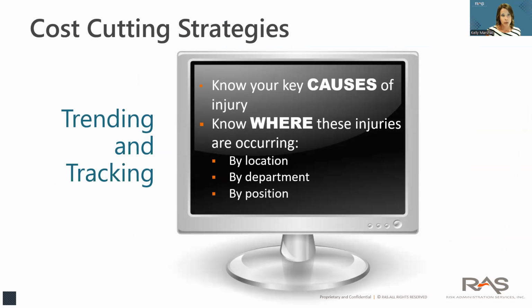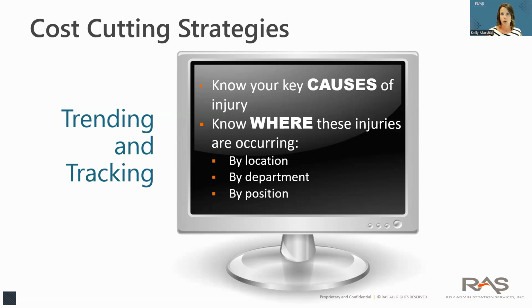So in order to best manage your workers' compensation costs, not only is return to work important, but it's important to understand where these injuries are coming from. So make sure that if you don't already, you know what your causes of injury are. You know how people are getting hurt. You know where they're happening. Is it a particular department or a task even?